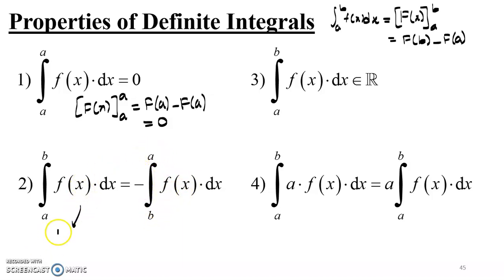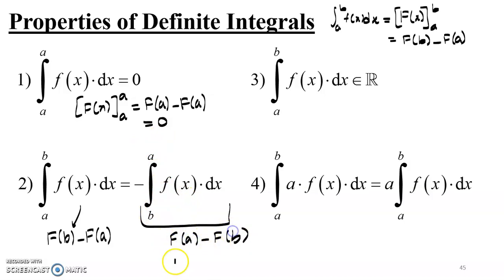Because this one would in fact be equal to capital F of b minus capital F of a, while the definite integral between b and a would be capital F of a minus capital F of b, and F of b minus F of a is equal to negative times F of a minus F of b. So this is why whenever you switch the bounds of the definite integral, that integral is in fact the opposite of the one you started with.